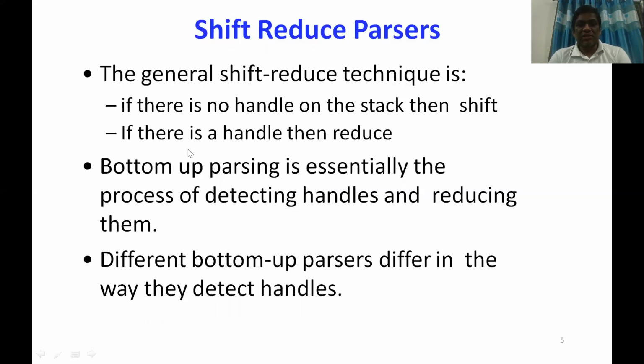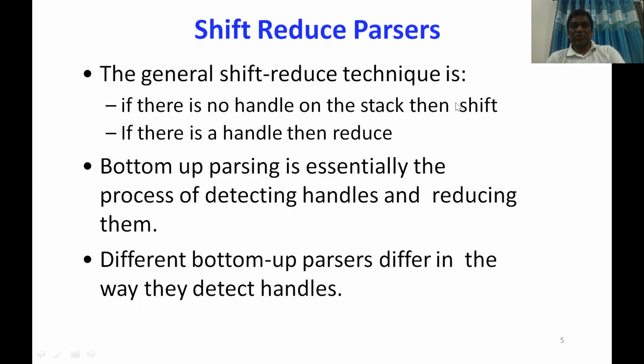Every bottom-up parser makes use of the shift-reduce technique. The general shift-reduce technique is: if there is no handle on the stack, then shift. That means there are two operations: either you shift a particular symbol onto the stack or you reduce a particular handle by its LHS.